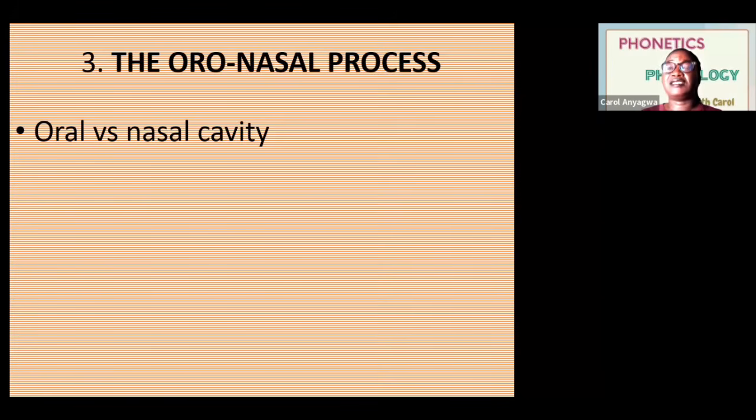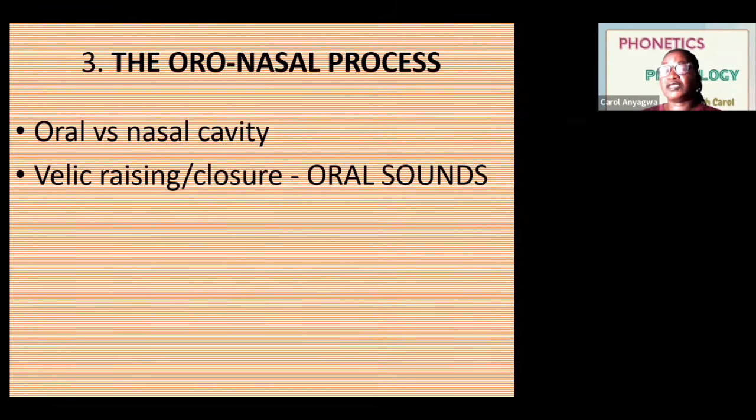And there is a particular organ that is responsible for this, the velum. When the velum is raised, it blocks the air from passing through the nasal cavity, and that gives us oral sounds. So we see that velic raising or closure results in the production of oral sounds.